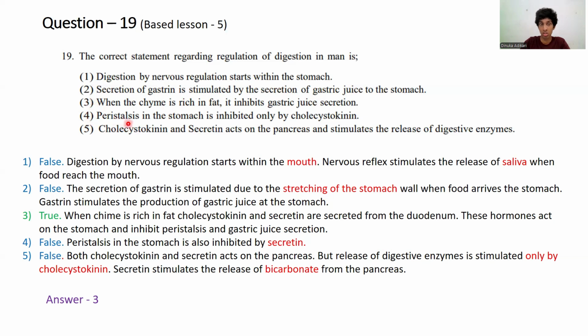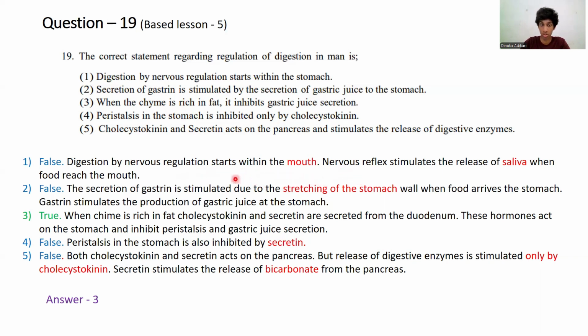4. Peristalsis in the stomach is inhibited only by cholecystokinin. No, that's false. As I mentioned earlier, peristalsis in the stomach is inhibited by both cholecystokinin and secretin. 5. Cholecystokinin and secretin acts on the pancreas and stimulates the release of digestive enzymes.